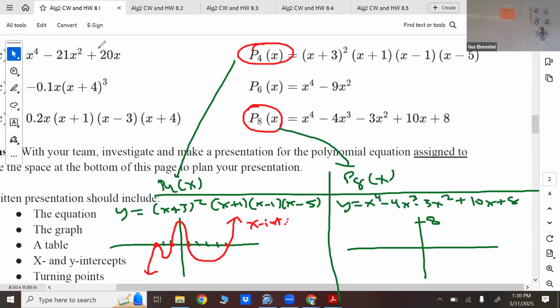Is there a question here? No question? Oh, yeah, you have that question. What's your question? Okay, let me finish first. You can just do a table with the x-intercepts.